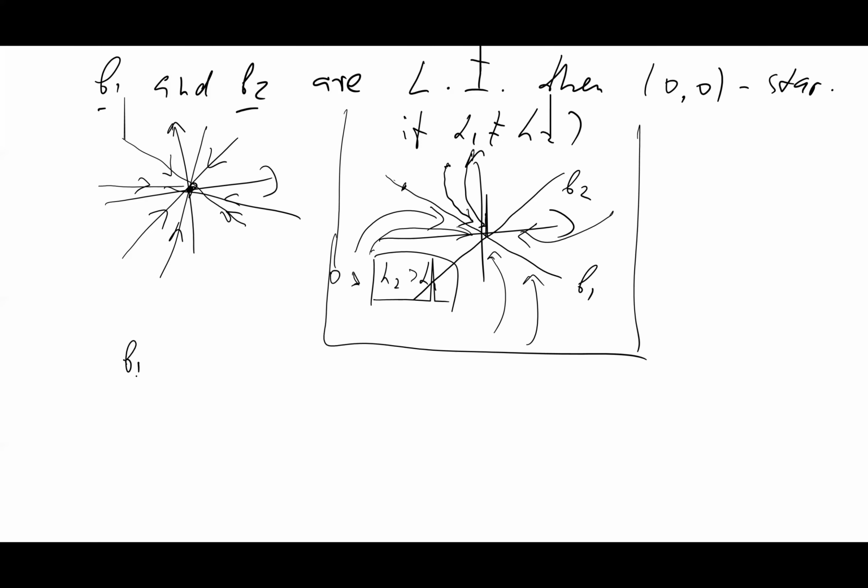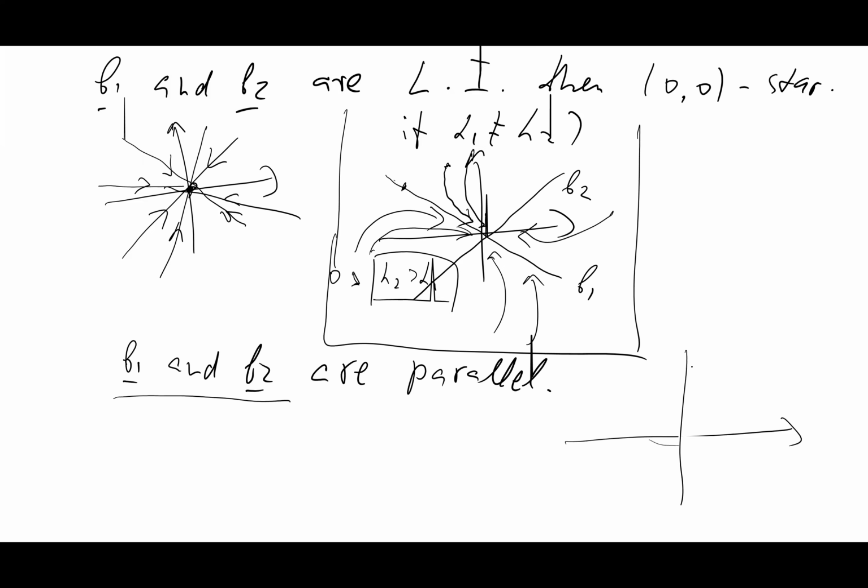Second case, if B1 and B2 are parallel, then we still can do all our transformations, but the solutions will look slightly different because matrix B is singular in this case. What happens in reality is that the solution will look like this.